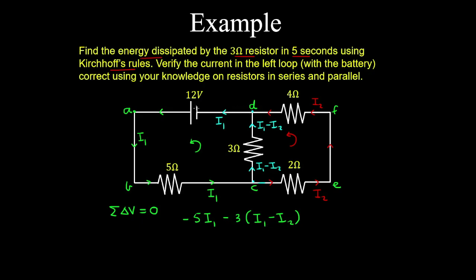And continuing on, we have an increase in potential across the negative and positive terminal of the battery. So that will be 12 volts. And when we get to point A, we have the net drop in electric potential across the resistors is equal to the net increase in electric potential provided by the battery. So therefore, the net voltage is 0.